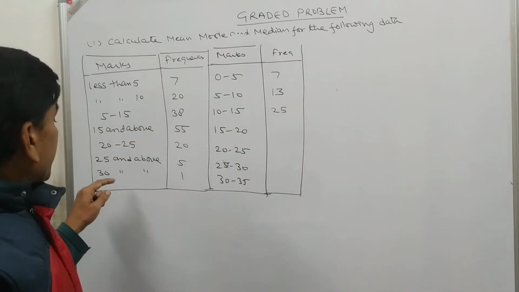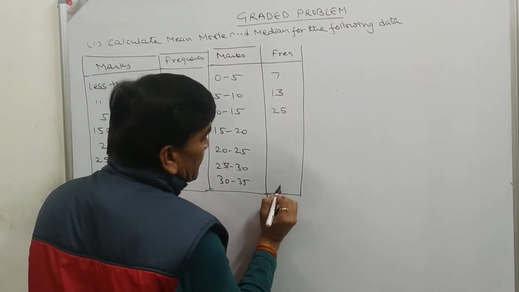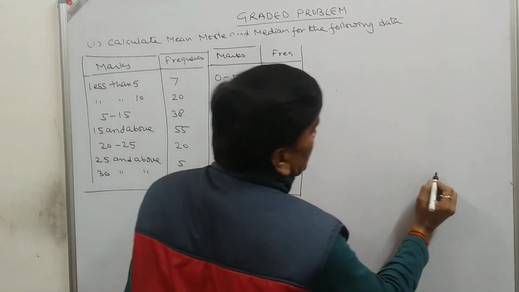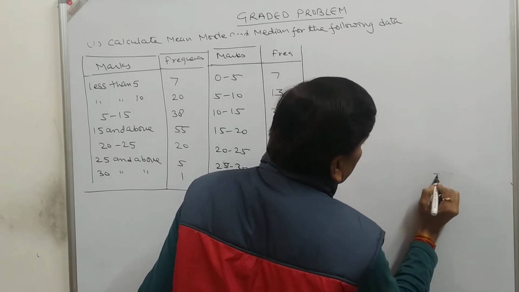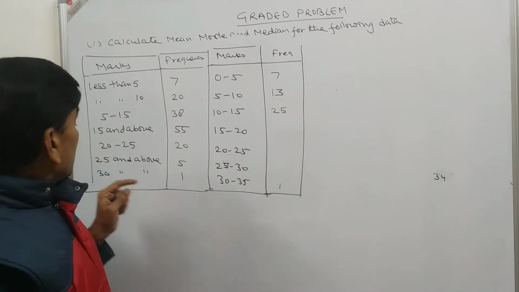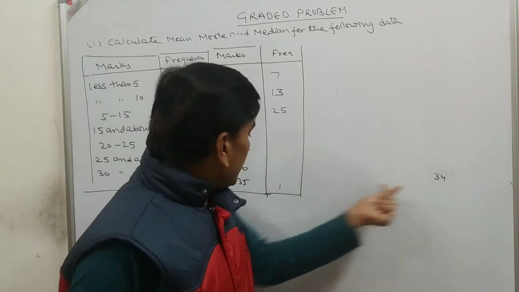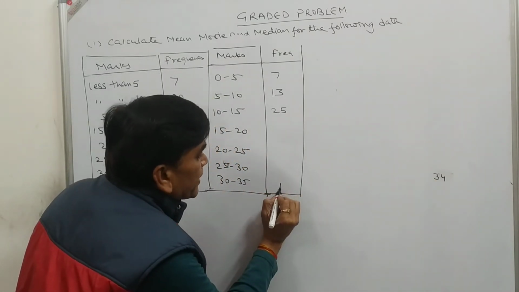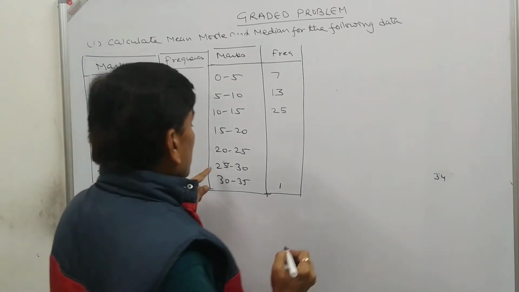Now from below we will start. 30 and above is 1, so 30 to 35 is 1. Suppose the number is 34, which is 30 and above. So for 30 to 35, only one number is over there, so we write 1. Next, 25 and above.